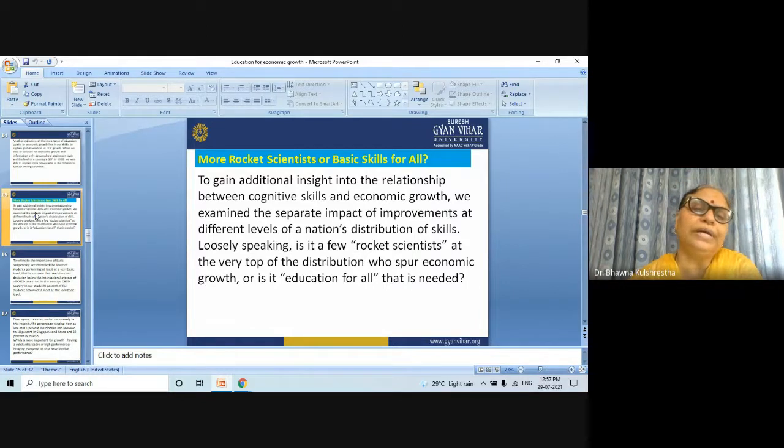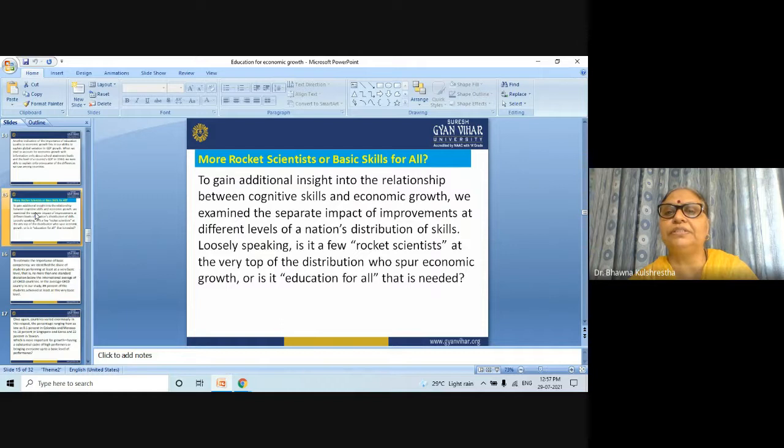To address this question, we measured the share of students in each country who reach a threshold of basic competency in mathematics and science, as well as the share of students who perform at very high levels.